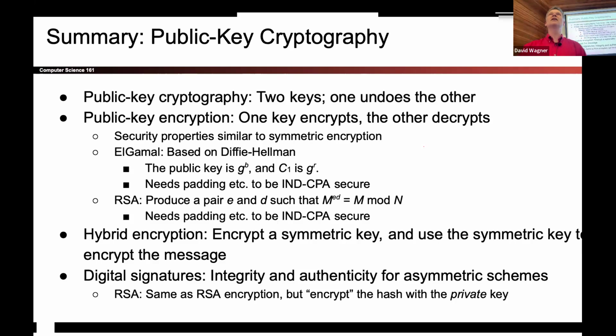If I can get your public key, then we can communicate securely. The good news is your public key doesn't need to be secret. I can write it on my office door, I can put it on my business card, I can hand it out to everyone. There's nothing secret in the public key.